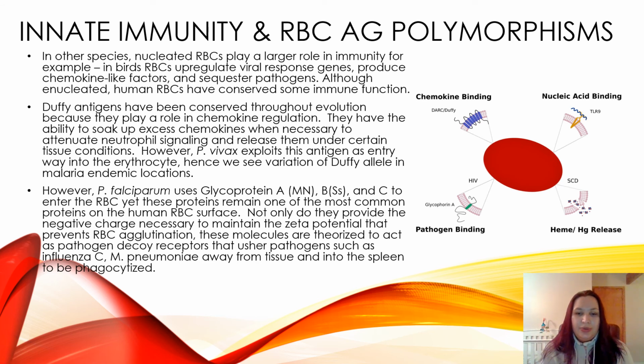Not only do these proteins provide a negative charge necessary to maintain the zeta potential that prevents RBC agglutination, it's been theorized that these glycoproteins act as a pathogen decoy receptor, and they suck in different pathogens such as influenza, mycoplasma, and E. coli, and can bring them away from tissue and into the spleen to be phagocytized. Hence this may serve as a valuable conservation.